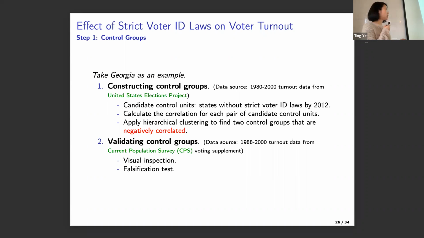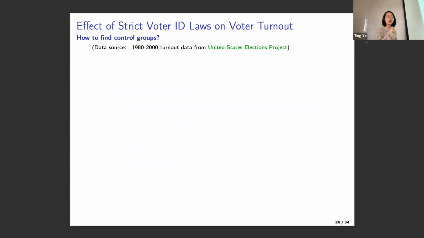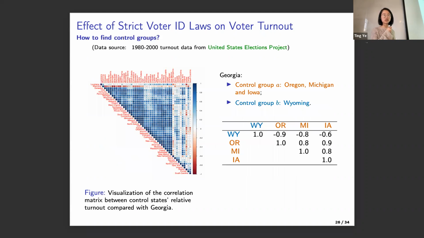The second step is to validate the control group selection. We still focus on the same time period, but use turnout data from the CPS voting supplement, which is a different data source compared to the US Elections Project. We want to validate that our control group selection indeed satisfies our assumption. The clustering results look like this.